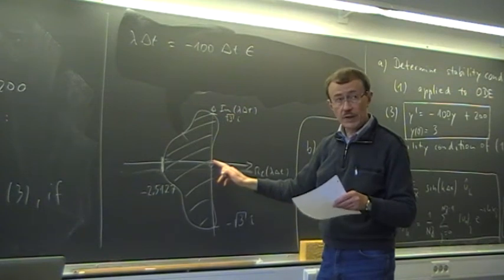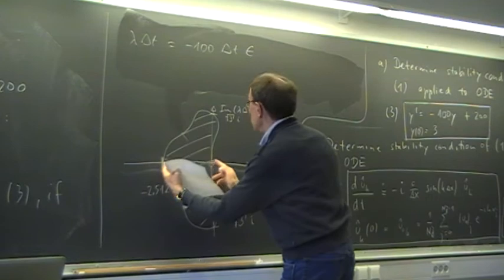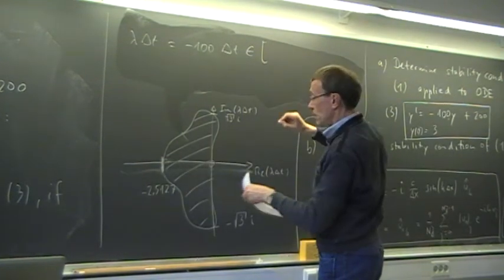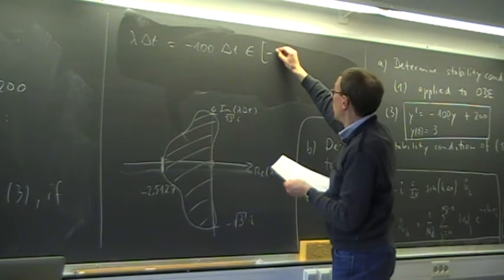Because lambda is now real, and to be inside the stability domain, it must be in this interval. And the interval is then according to what we said. We have not derived it, but I told you how to do it.